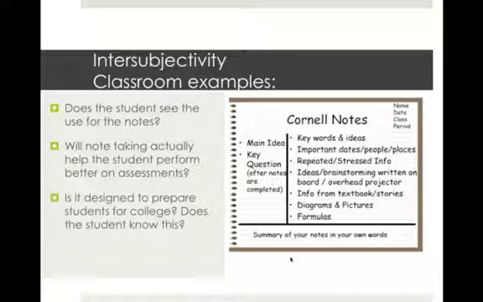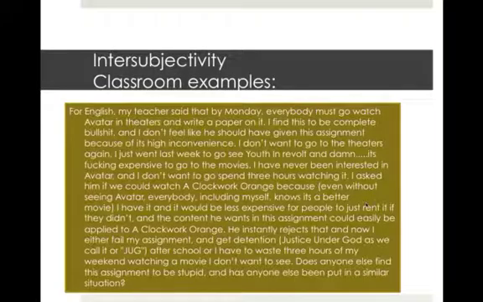Does the student even know what the purpose is? So how do we align the purpose of this particular activity with what the students can expect or know? How can we get their thinking about it in line with what you want them to be getting out of these notes? All right, here's two more examples.